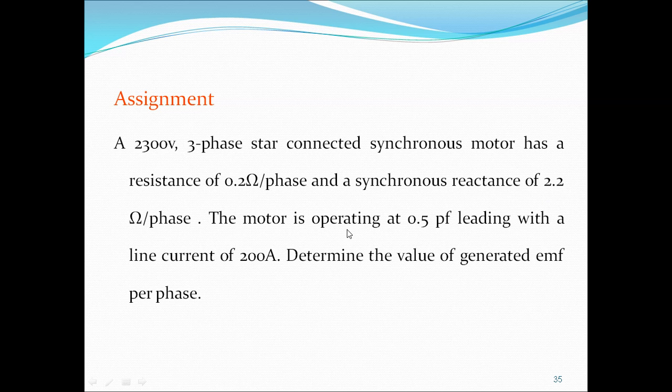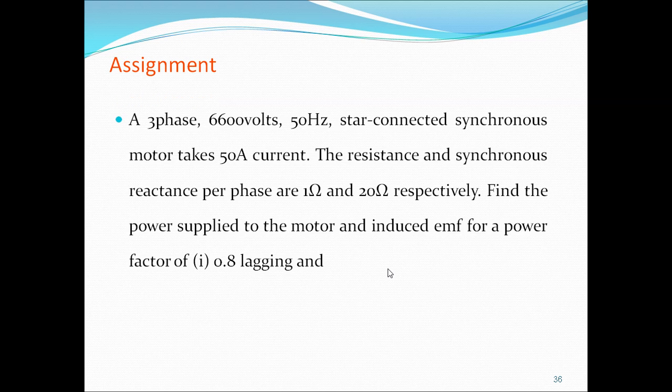The motor is operating at 0.5 power factor leading with a line current of 200 amps. Determine the value of generated EMF per phase. So this is the given problem.